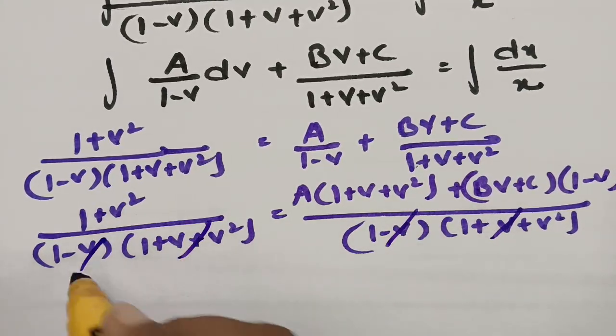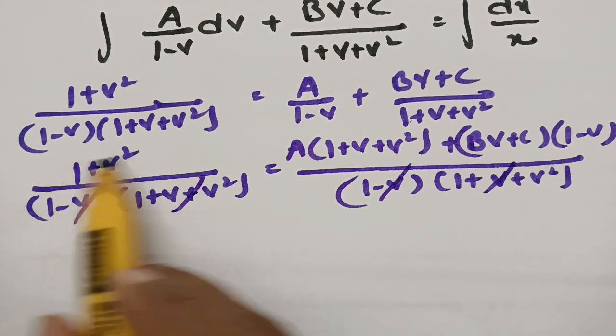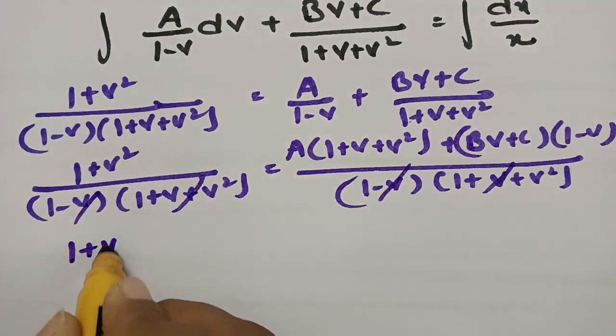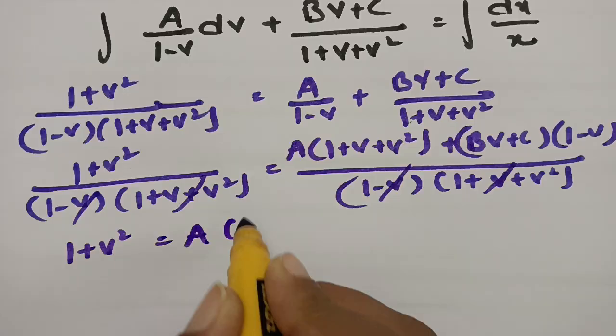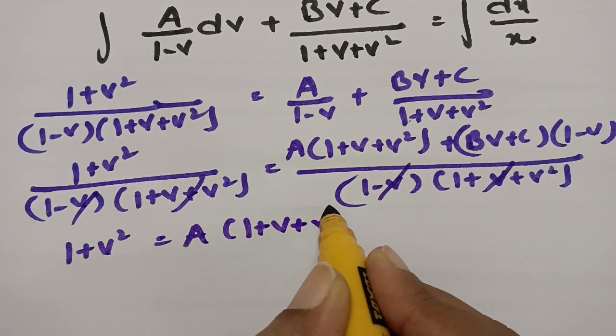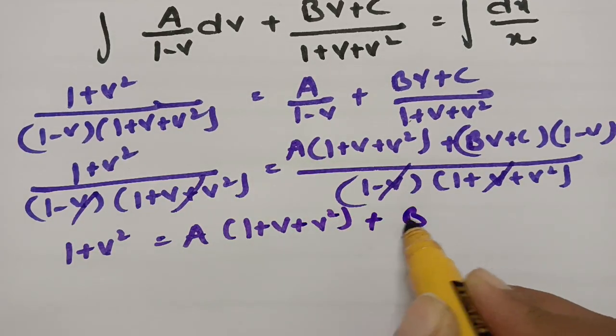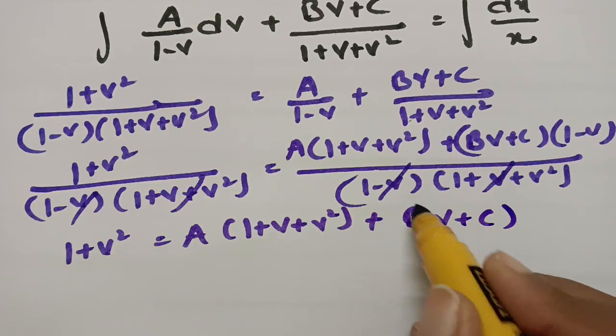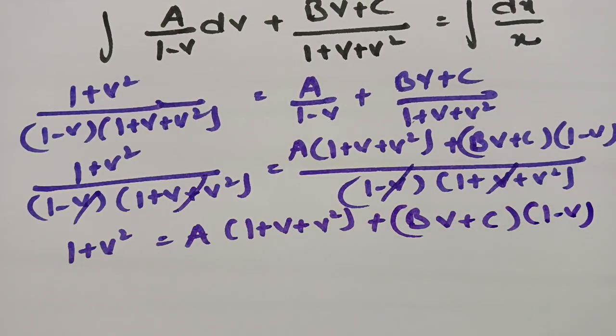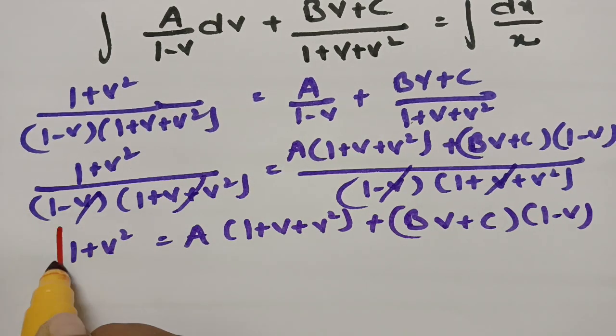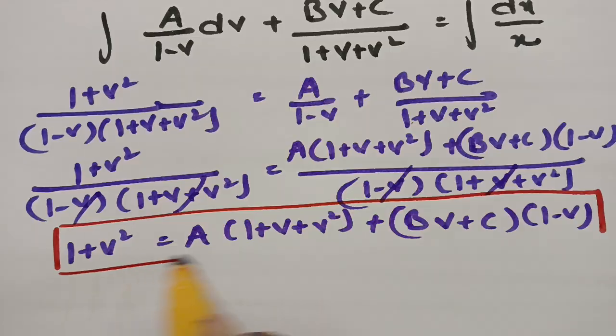Now I am going to cancel these two and equate the numerators. So 1 plus v square is equal to A times (1 plus v square) plus (Bv plus C) into (1 minus v). This is the equation you have to keep in mind, and for the values of A, B and C I am going to use this.